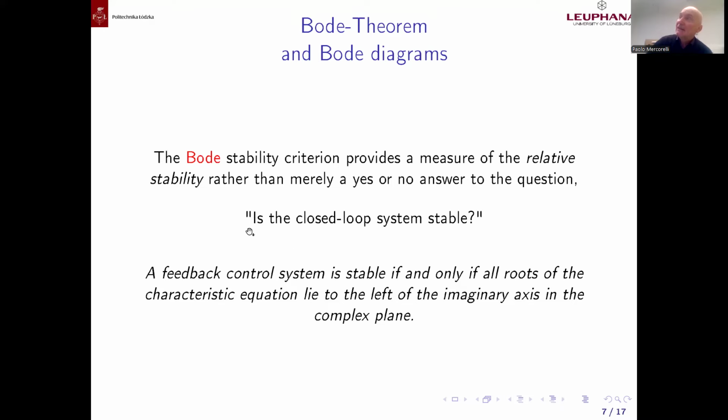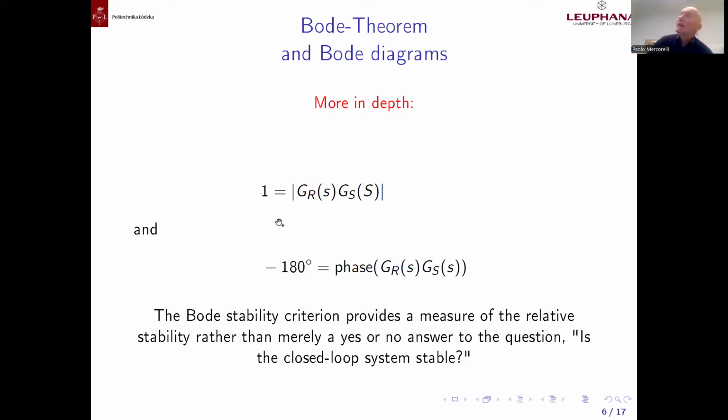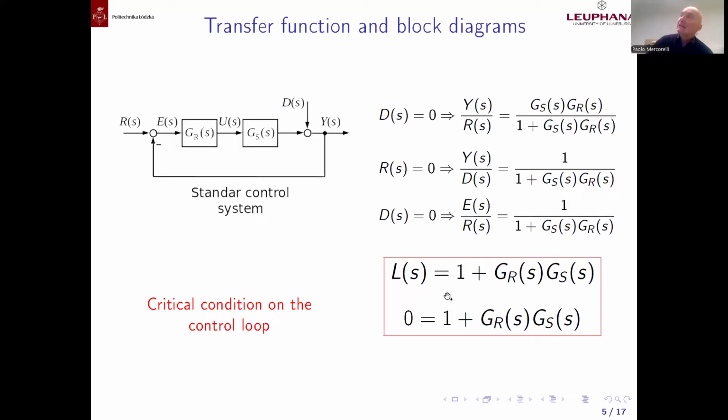Starting from the open loop system, the open loop system is this here, GR multiplied GS. If you remember, I called this L0, something like that. That's the open loop.